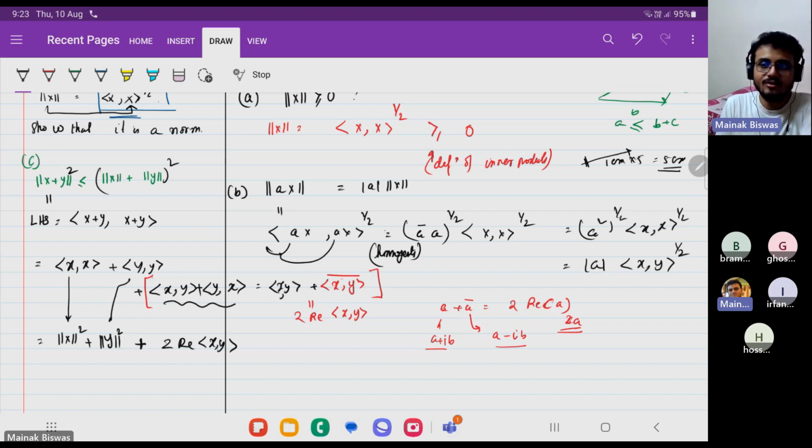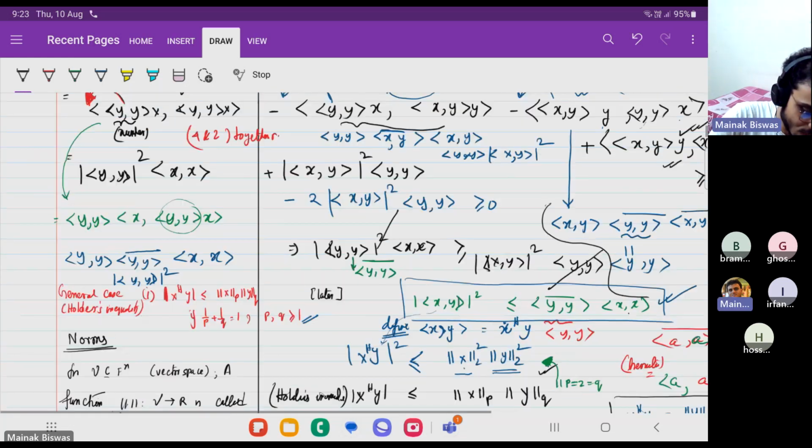Now what technicality will I use? Now you tell me. If you have understood all the while, I'm giving you a hint. You have to end up using Cauchy-Schwarz, because that will give me a whole square form. Yes or no? But how will I go about using the Cauchy-Schwarz inequality?